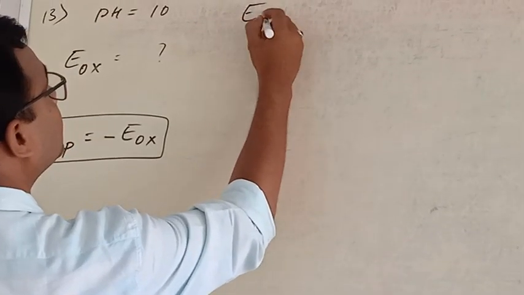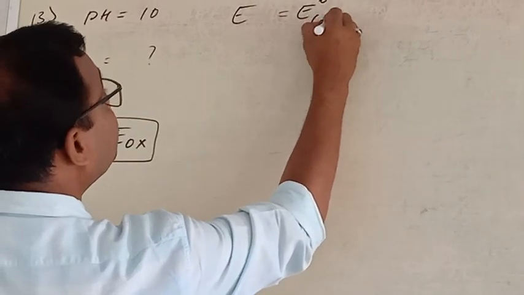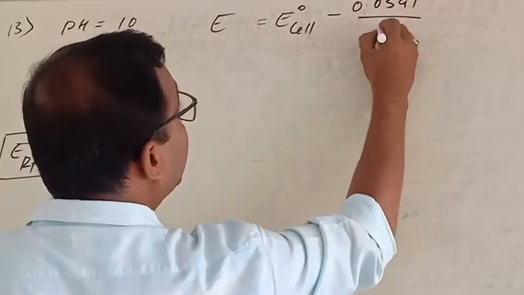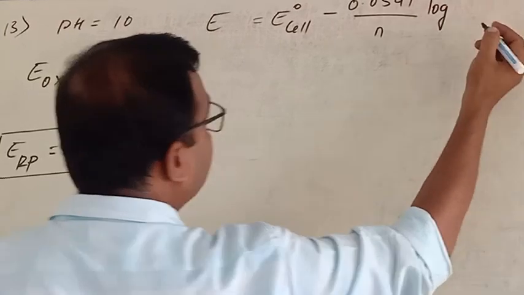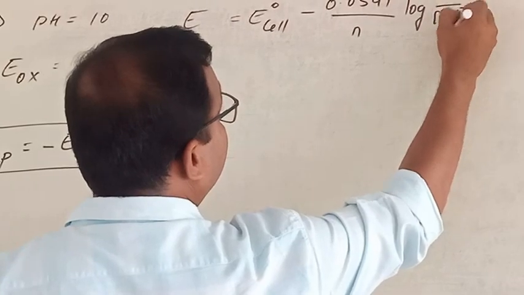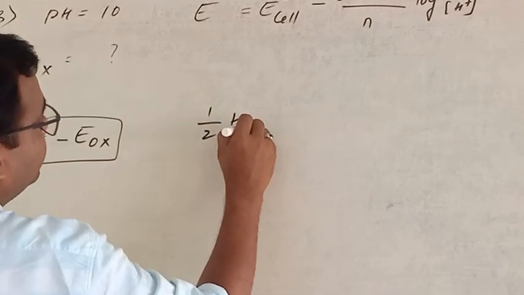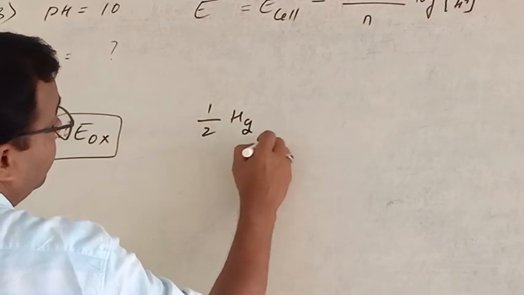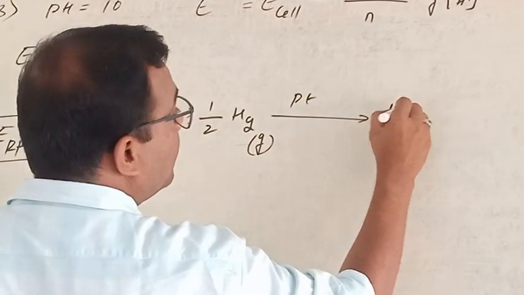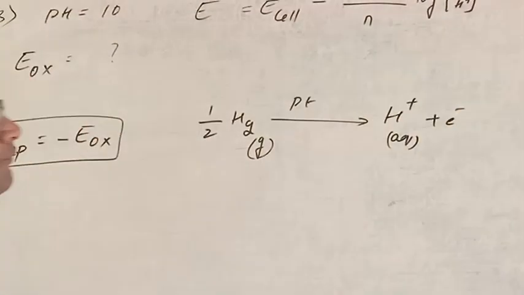E of cell is equal to E naught of cell minus 0.0591 by n log of the molar concentration of hydrogen, that is 1 by H plus. How is it? Half hydrogen gas undergoes oxidation in the presence of platinum to form H plus and an electron.